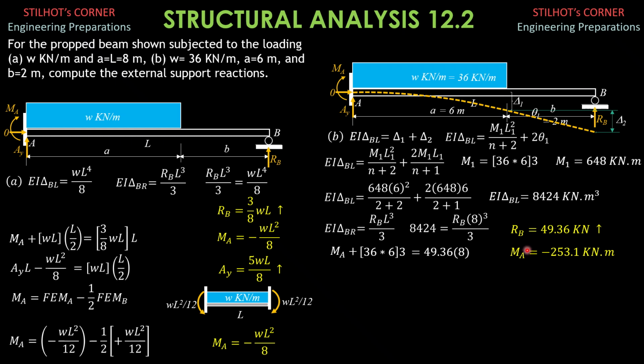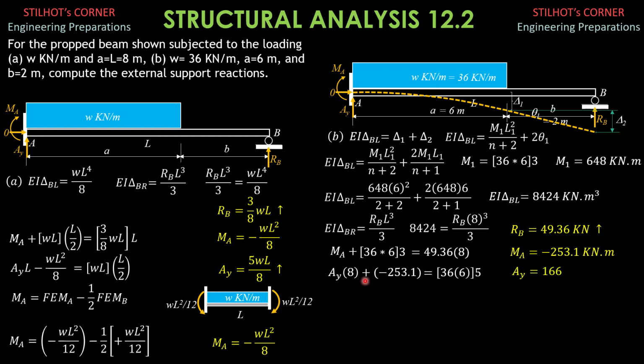So the moment arm is 5. So AY times 8, summation moment B equals 0, plus moment A, negative 253.1. AY times 8 is clockwise, so plus clockwise MA, but we carry the sign, equals 36 times 6 times 5.